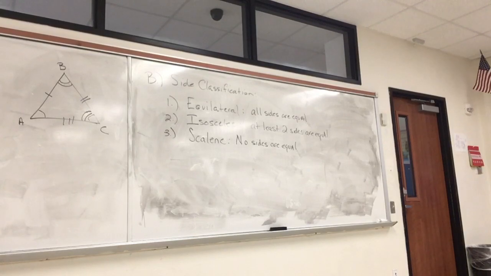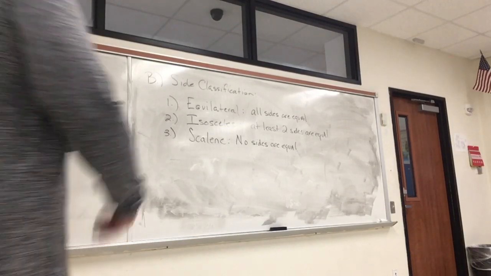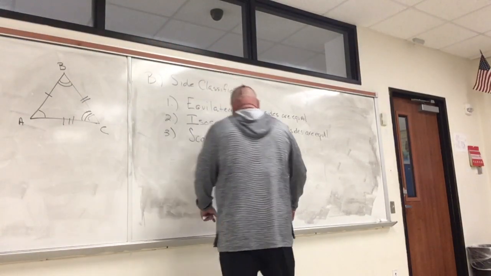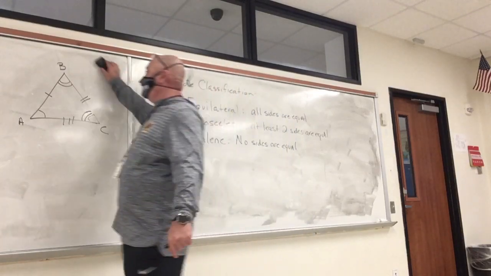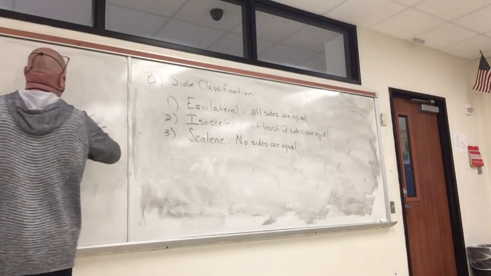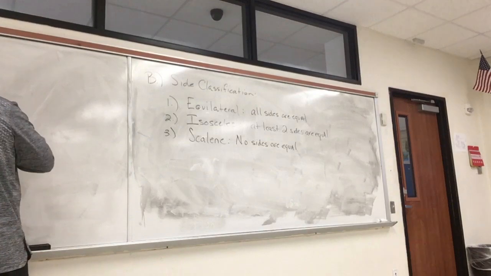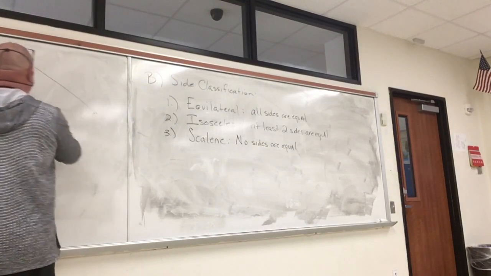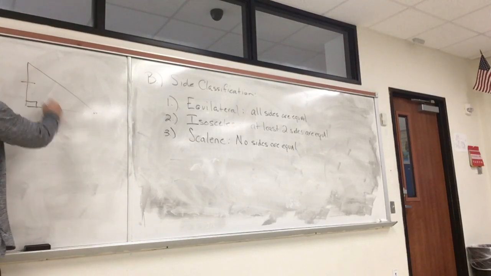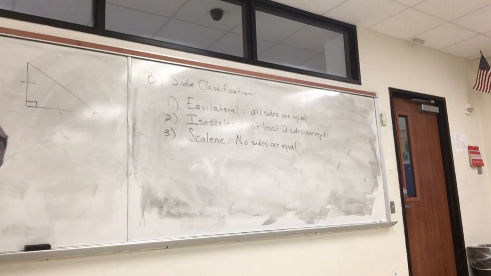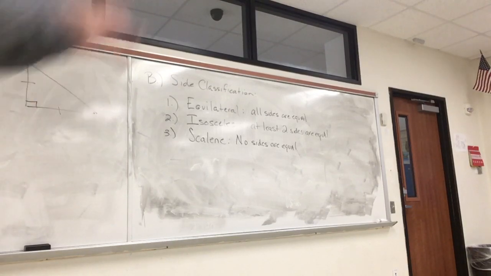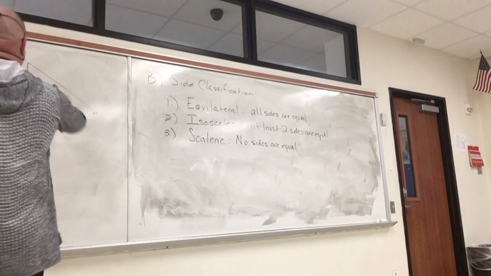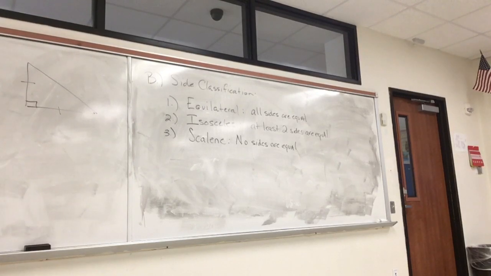Okay? So here's what your assignment's going to look like today. Please turn that down or off. You have a triangle. I want you to classify, here's the first way. Classify that triangle by its angles. What type of triangle do you have?